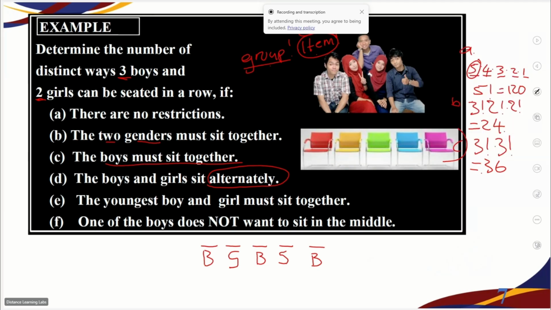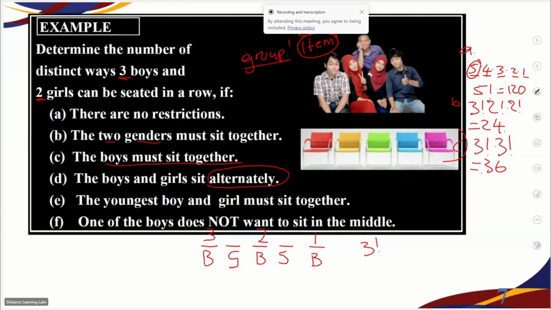The number of boys that would compete for the first position would be 3. The number of boys that would compete for that other position that is being competed by boys is 2. The number of boys that would compete for the last one would be 1. That means for the boys only, we have 3 factorial because it is the product of descending natural numbers from 3 up to 1.